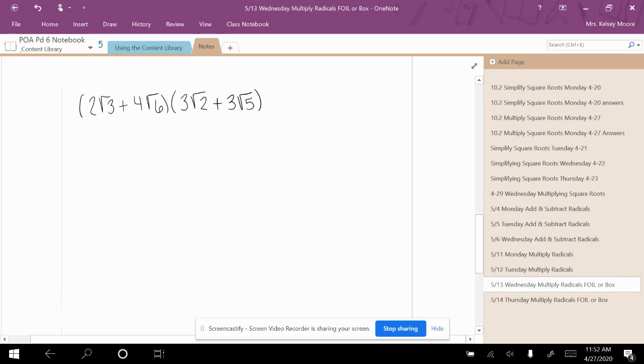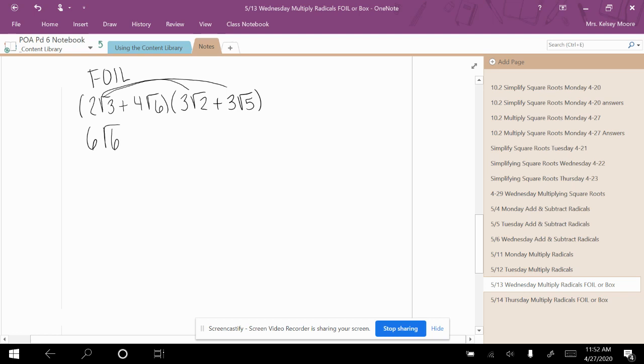Okay. I'm going to do the next example with FOIL. All right, so when we multiply the first 2 together, remember you multiply the like terms together. So the 2 times the 3 on the outside you multiply together to get 6. Then the square root of 3 times the square root of 2 you multiply together to also get 6.